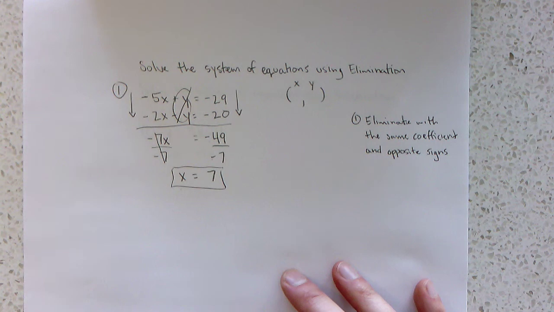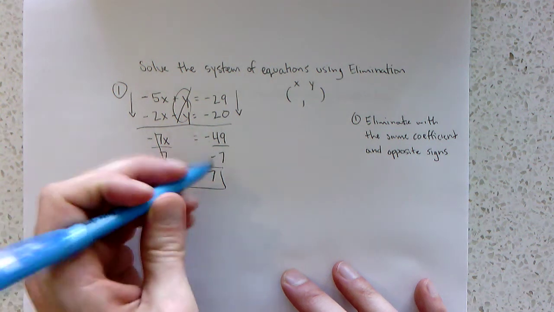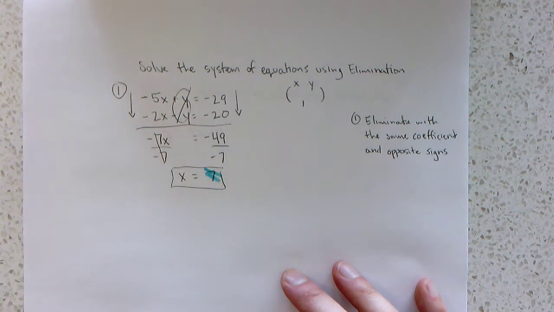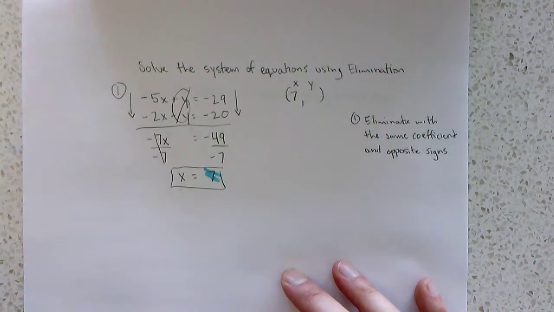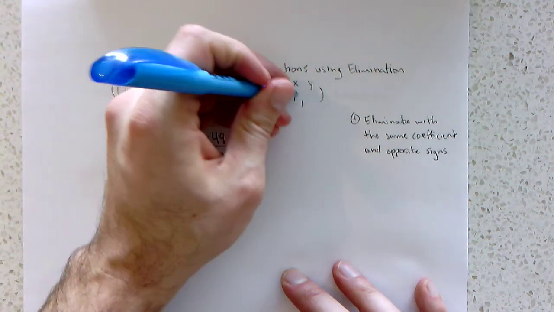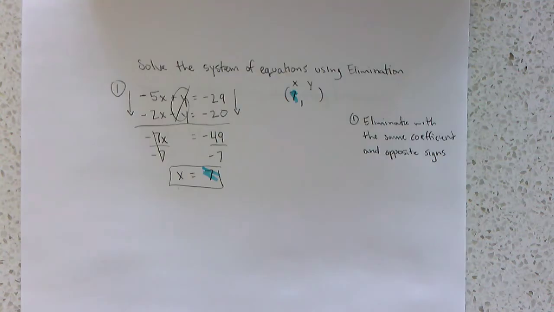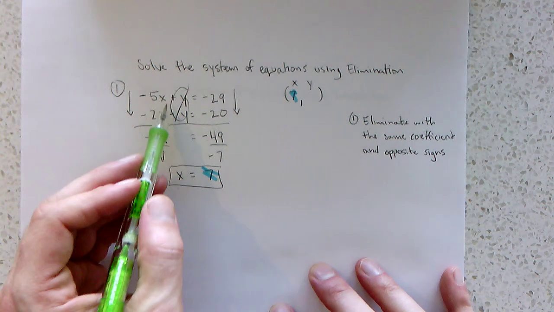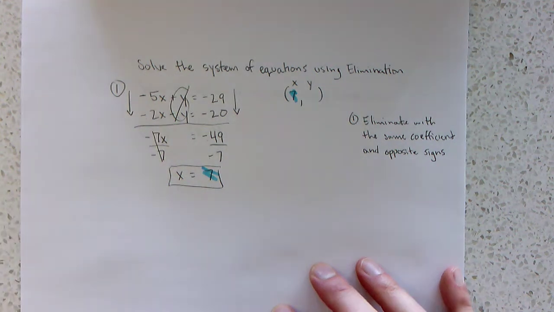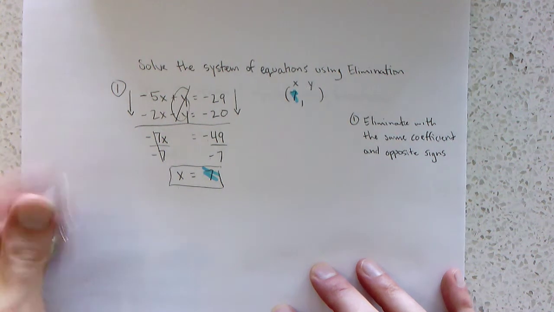So I'm going to take this x and I'm going to plug it in to my coordinate pair. So my x. So now I need to find y. So in order to find y, I'm going to choose one of these equations. Doesn't matter which one. Let's do the second one.